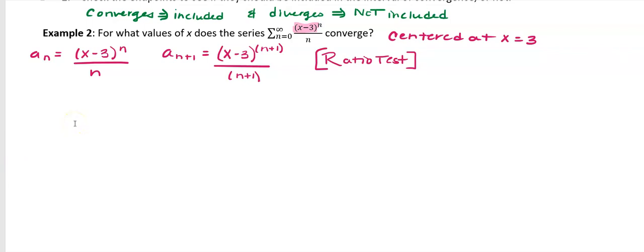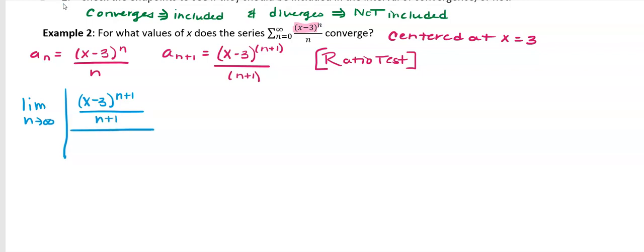So now let's put it into the ratio test. So now we have the limit as n approaches infinity. Again, you need those big absolute value bars. The a sub n plus 1 goes up top, and then in the denominator, we have the original.